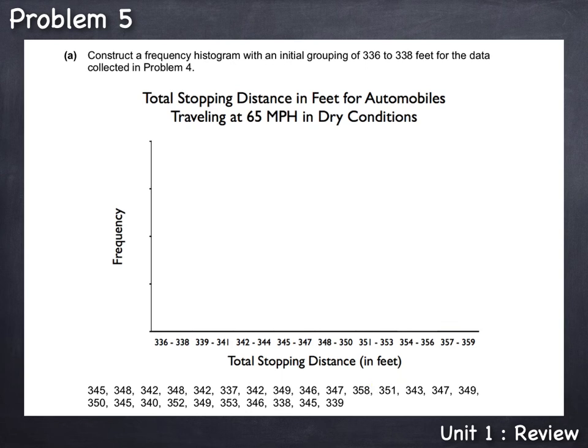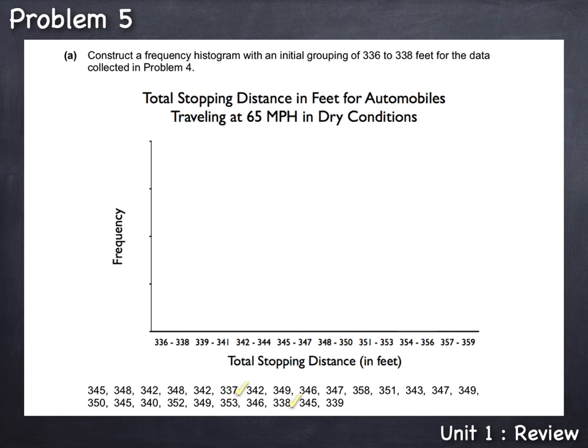we can then count the data, that is, to get the frequency, to complete the frequency scale. So back to our first group, 336 to 338 feet. Looking at all of our 25 stopping distances in our sample, and we go through and count just the autos that took 336 to 338 feet to come to a stop, we see that there is 2, 337 and a 338.